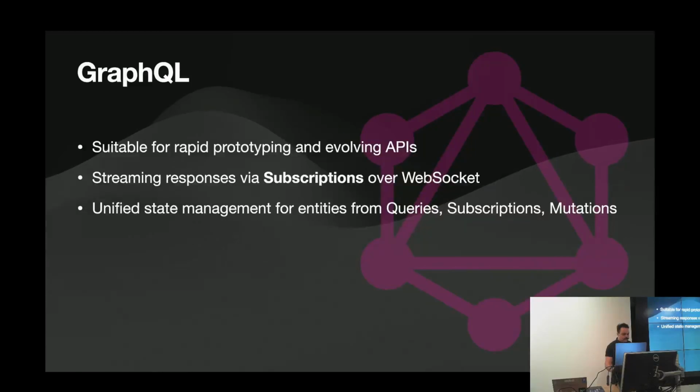So what this also gives us is unified state management for entities from queries, subscriptions, and mutations. So in GraphQL, with GraphQL clients and types, you have a field that's available on every type called typename. And combining that with the ID field, the GraphQL clients use that for caching the entities in the session state or in memory.